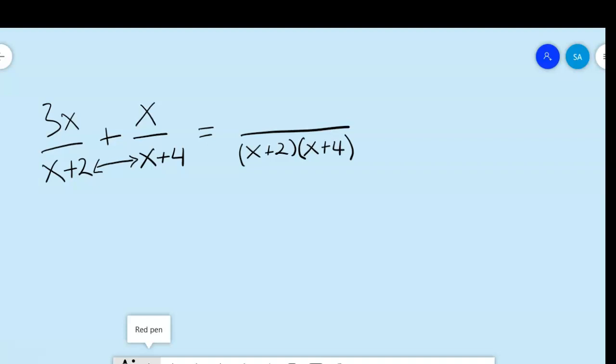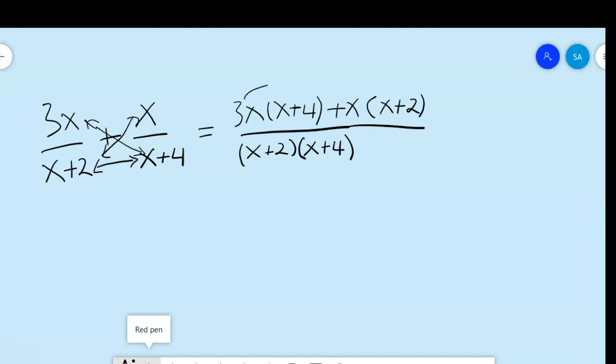So you're doing the crisscross. It's going to be 3x times x plus 4. You bring your operation sign, and then you cross multiply, and you get x times x plus 2.